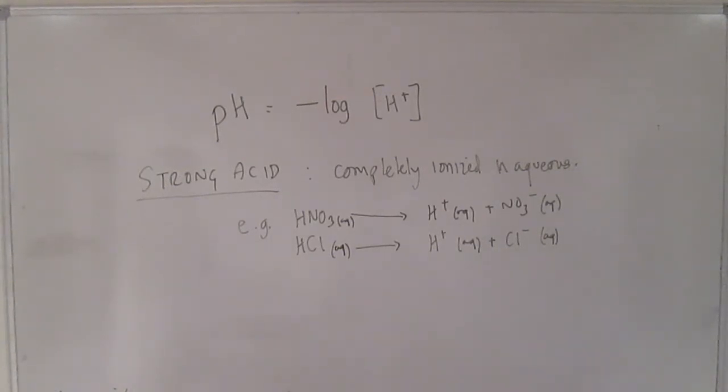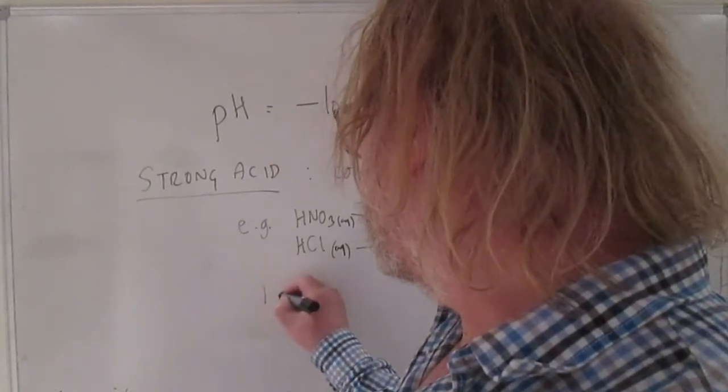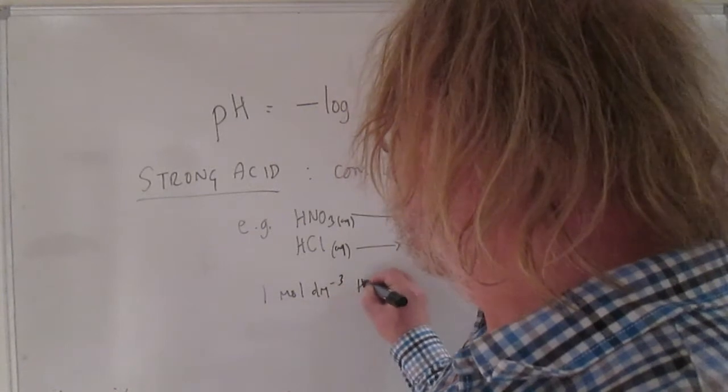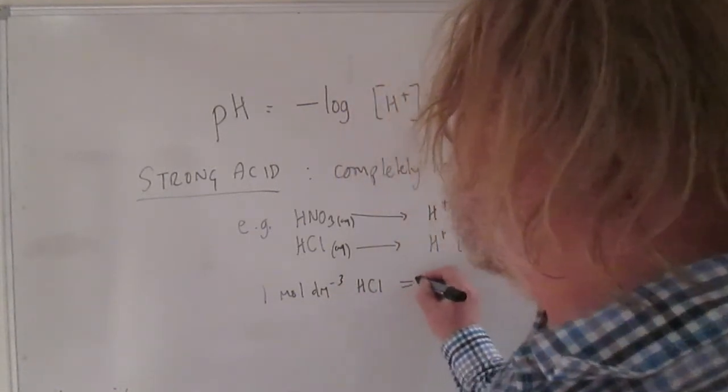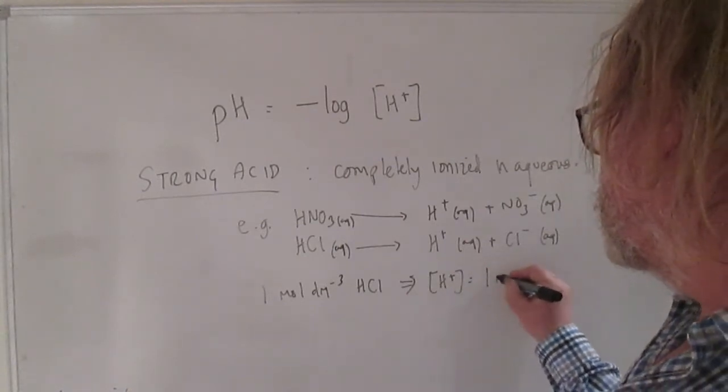So we can see how the pHs are then going to work if we just take, first of all, some nice round numbers. If we have 1 mole per dm cubed HCl, that means that the H plus concentration is 1 mole per dm cubed.